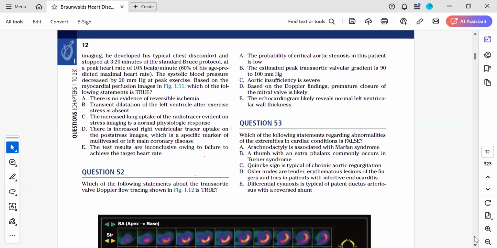The systolic blood pressure decreased by 20 millimeters of mercury at peak exercise. Based on the myocardial perfusion images in figure 1.11, which of the following statements is true?